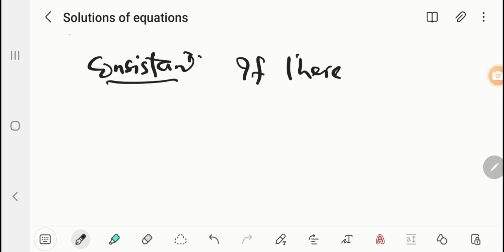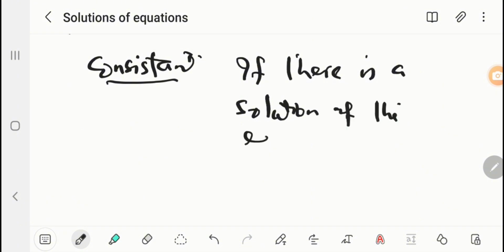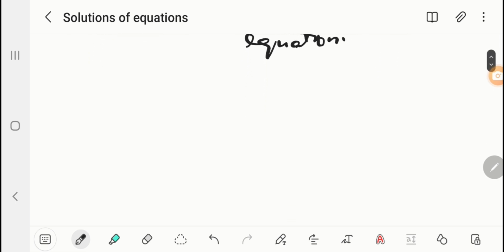But if there is no solution, then they will be called inconsistent. Inconsistent means they have no solution.